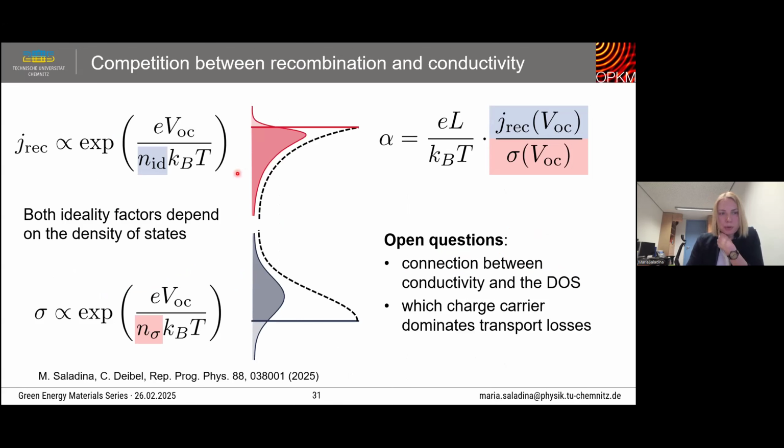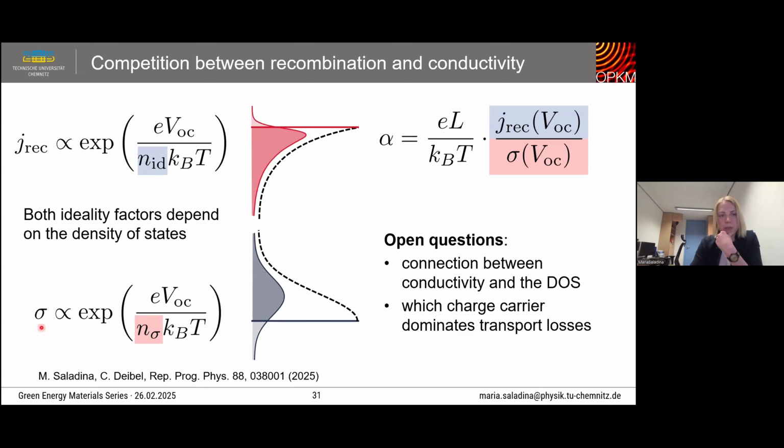Now, of course, because recombination and transport are taking place in the same density of states, and we saw that recombination depends on the ideality factor, conductivity will also depend on how charge carriers get trapped and detrapped in the density of states.